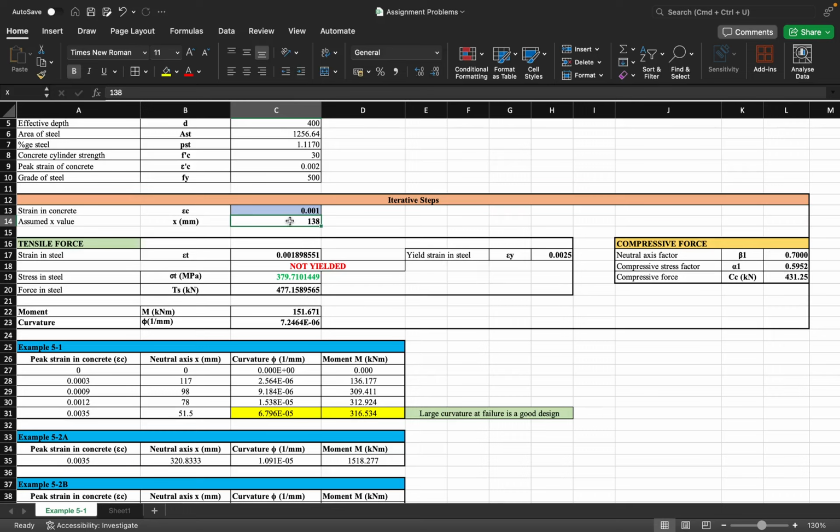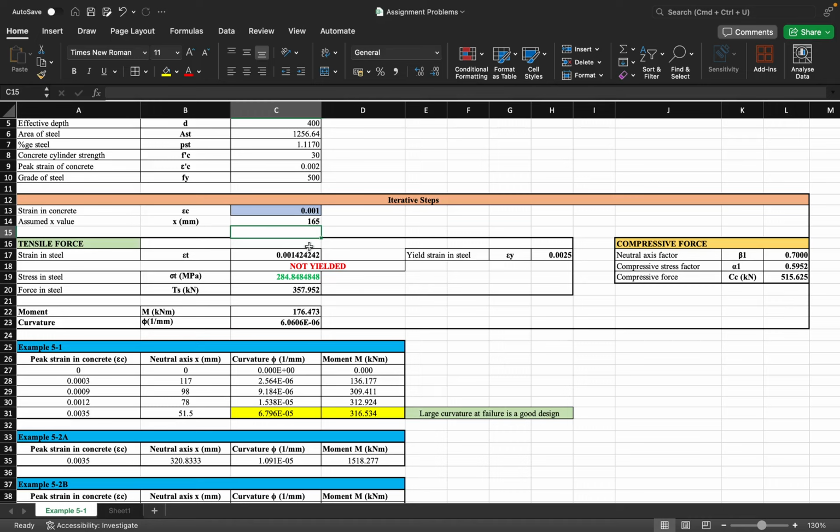So can you suggest the value of x over here, please? 180. Okay, let's try 180. The value of Cc is very high, so we need to reduce. 160. Okay, I will proceed as you say.